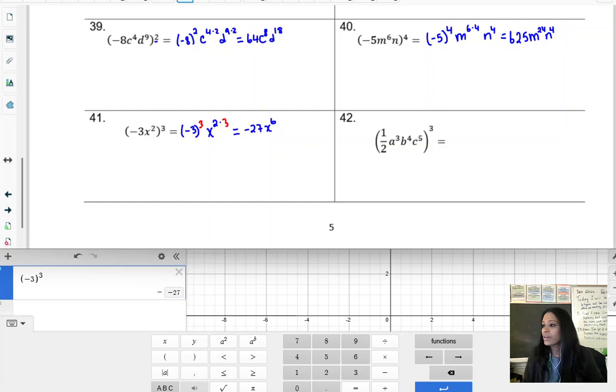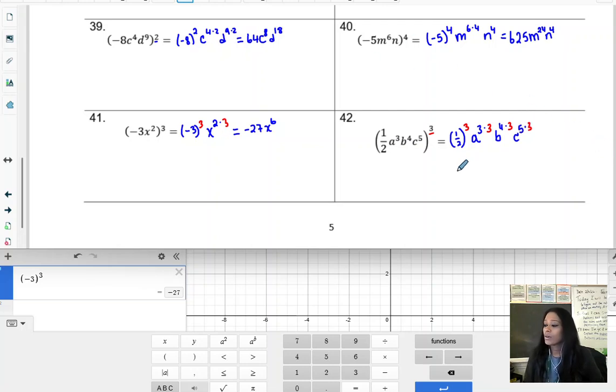So you have here 1/2 to the power of this 3 right here, right? And then you have a to the power of 3 times the 3 on the outside, and then b to the power of 4 times 3, and then times c to the power of 5 times the 3.